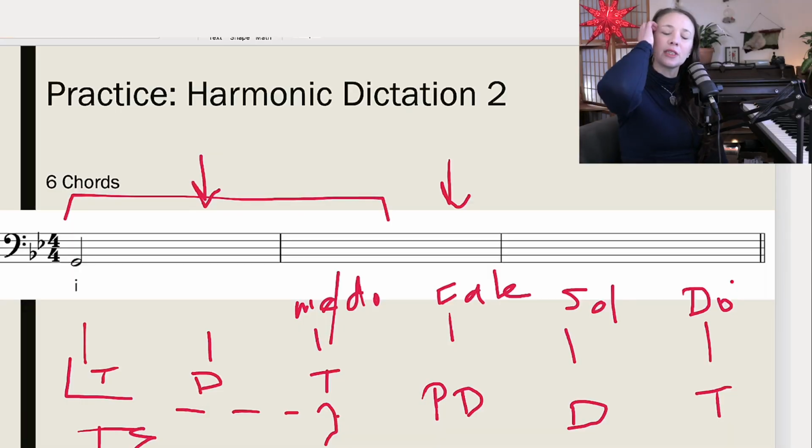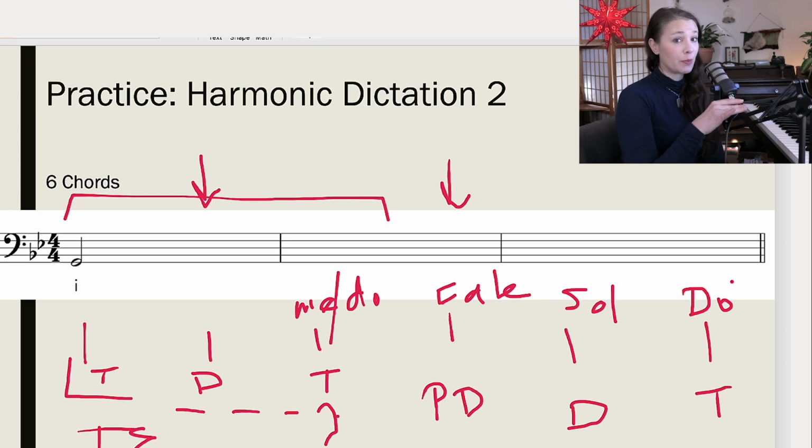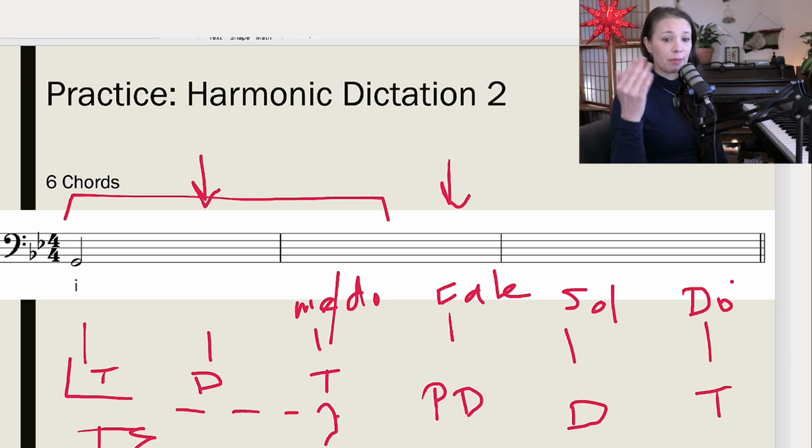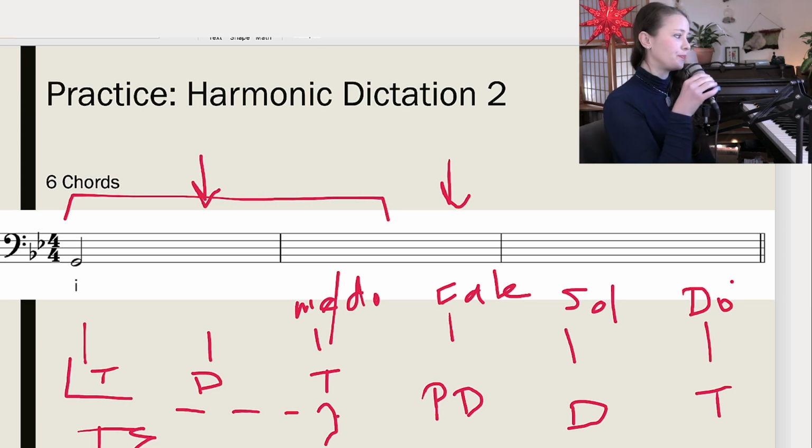So on this first one, listen for contour, skips versus steps. So if there's a big skip, mark it out. If it's moving by step, mark which direction it's moving.